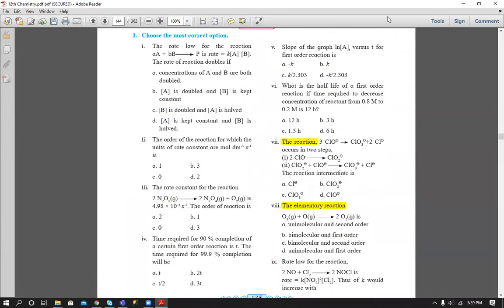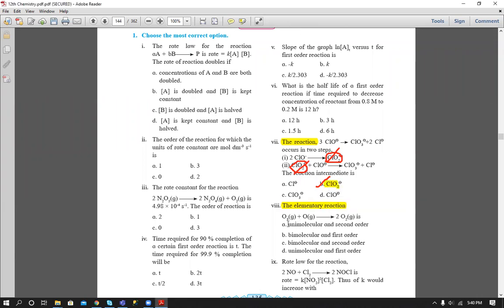So the reaction is given here, a two step reaction. What is the reaction intermediate? ClO2 minus is produced in this step and it is consumed in the other step, so this is your reaction intermediate. So the option will be ClO2 minus. Highlight this answer.